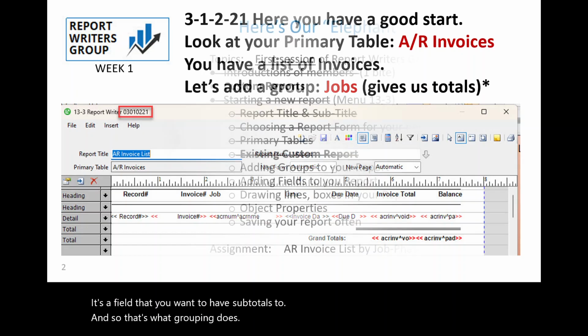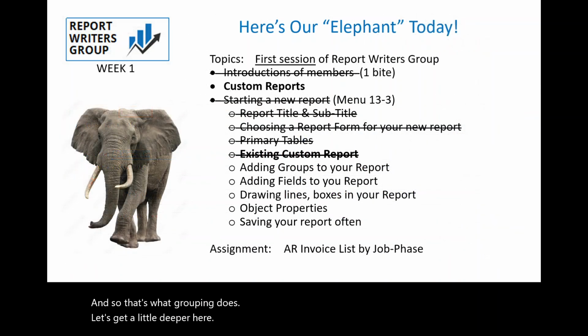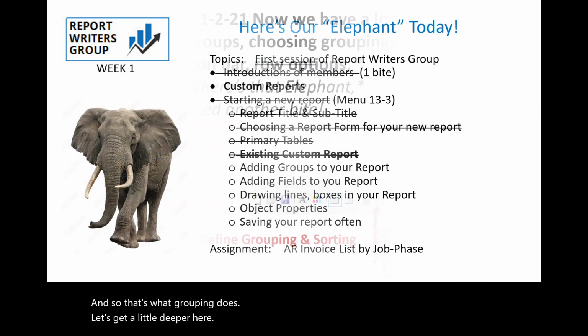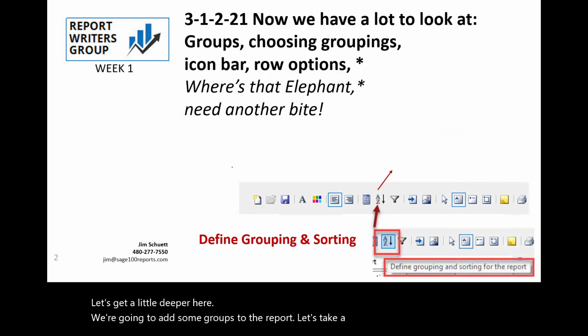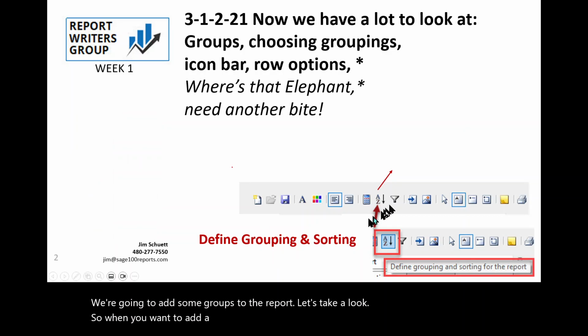Let's get a little deeper here. We're going to add some groups to the report. When you want to add a group to a report, this is the grouping icon, the define grouping and sorting.